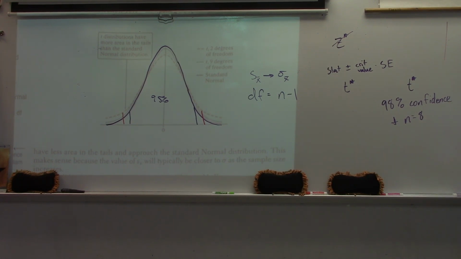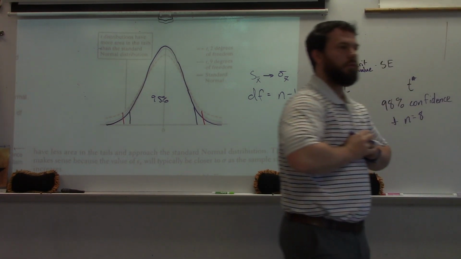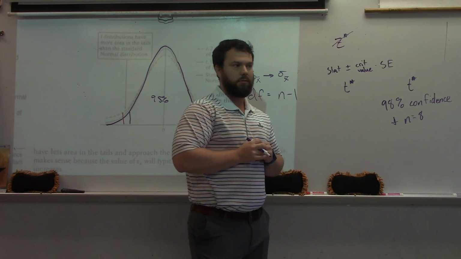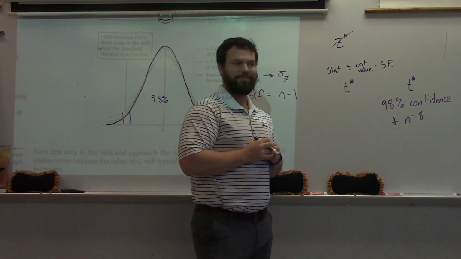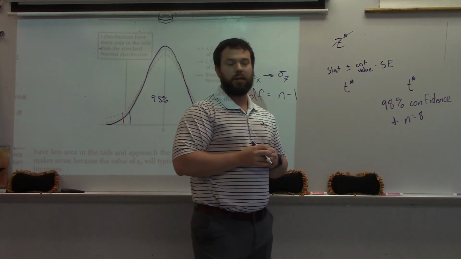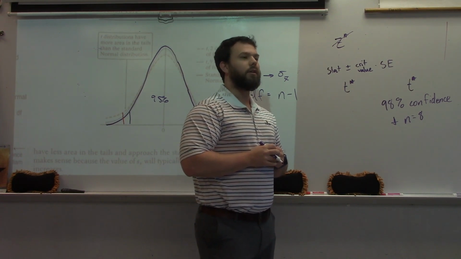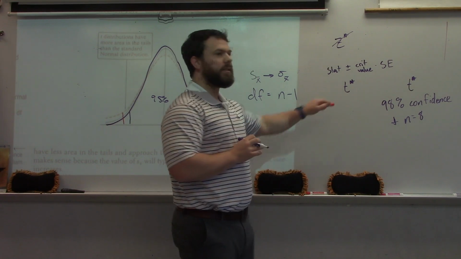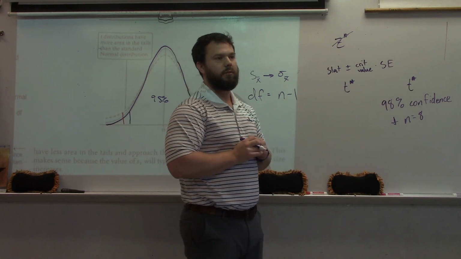So how am I going to calculate? What do you know that can help us find that critical value? Formula? What formula? Standard error? No. I just want the critical value. It's not standard error. Where's the critical? So inverse what? So let's think about it. Is this a normal curve? Yes.